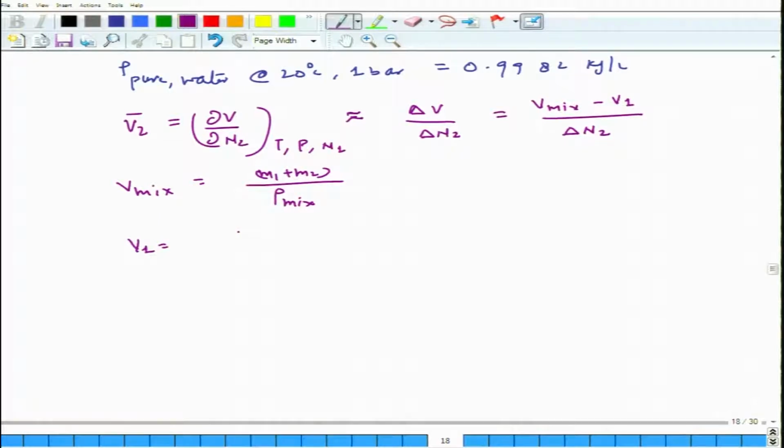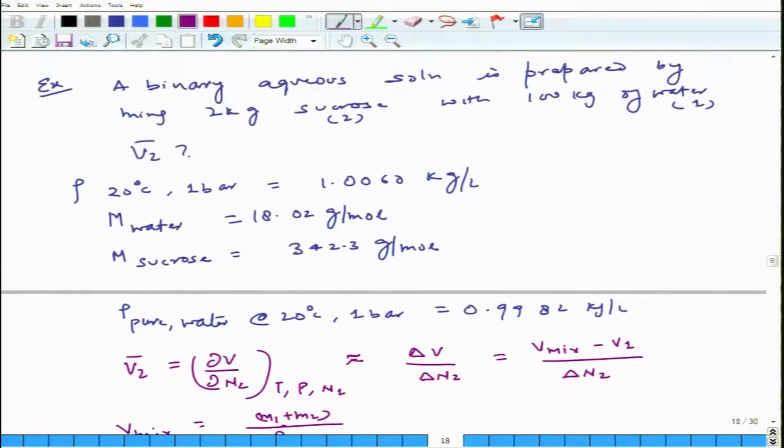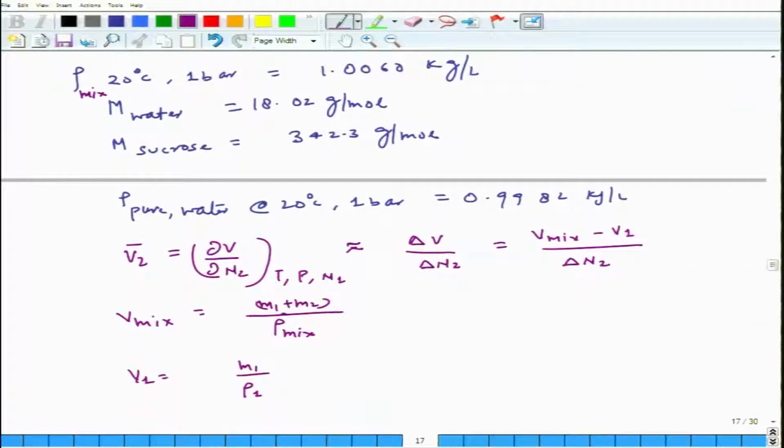V1 is M1 divided by rho 1. Okay. So, M1 is basically this, the mass is given here, M2 is this, and rho mix is this, the density of the system. And similarly we have been given M1 as well as the rho 1 of the water. So, considering this, you can plug in here.